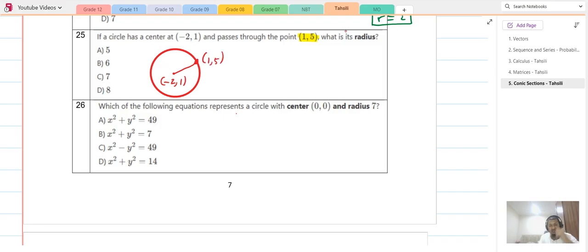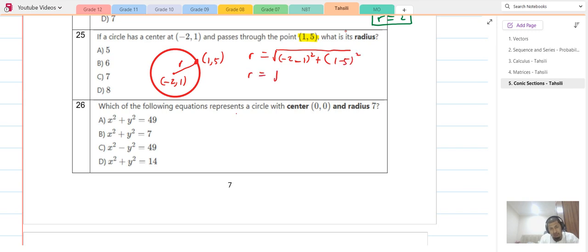1 and 5, so that's the radius. So what is the radius? We need to use the distance formula to find the radius. So r is equal to the square root of, x2 minus x1, so -2 minus 1, squared, plus you take this value minus that value, 1 minus 5.